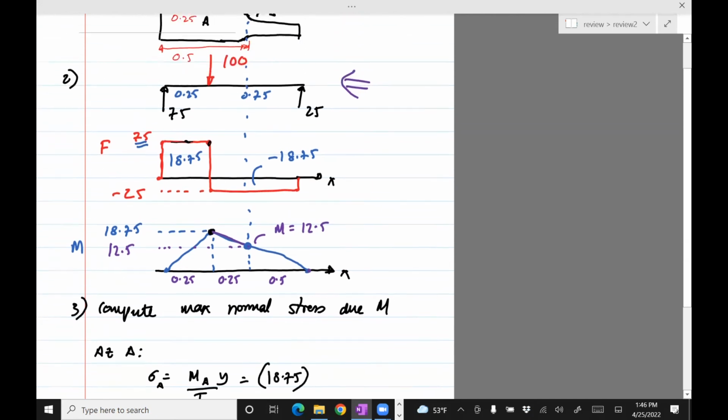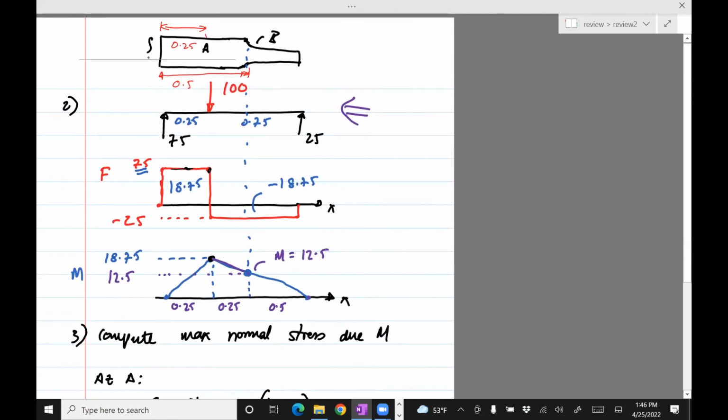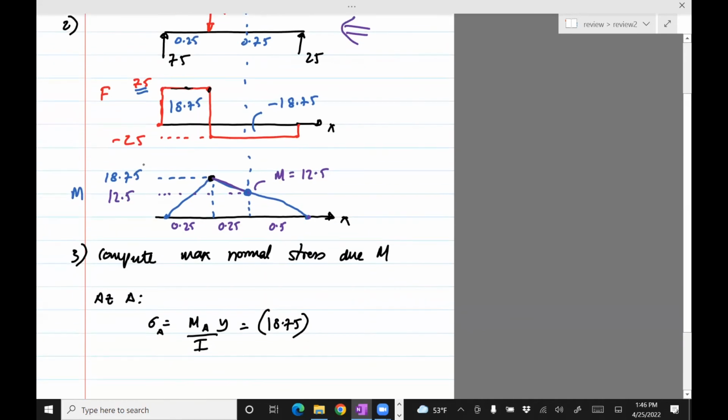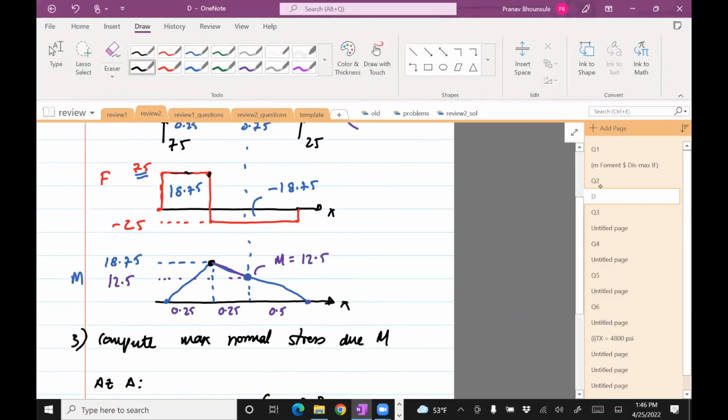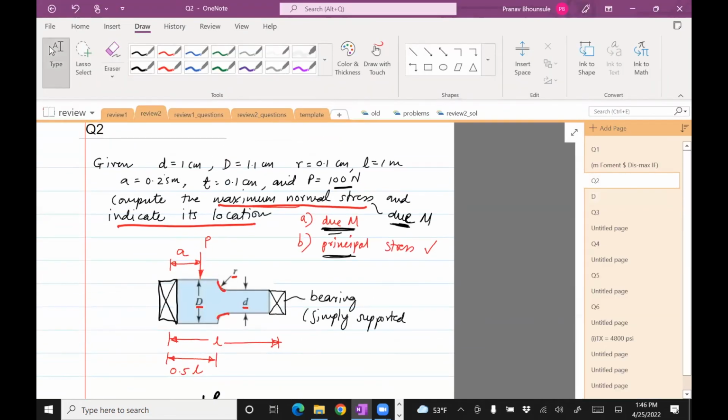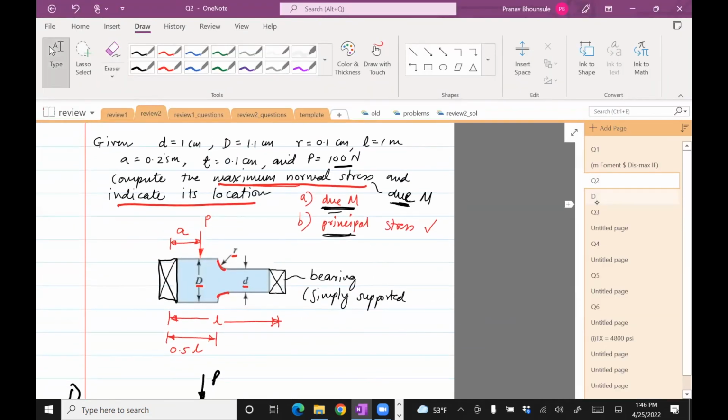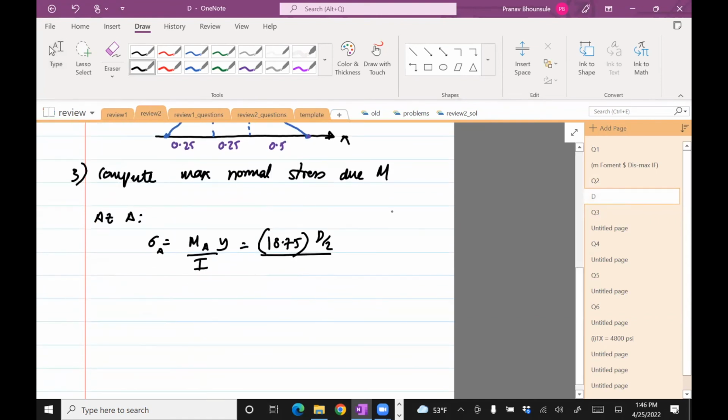The Y is the distance from the neutral axis. This is the diameter, so we need D divided by 2. And I is going to be, I think I've been given all this, small d. Okay, so capital D is 1.1.